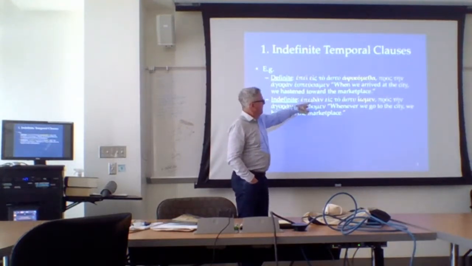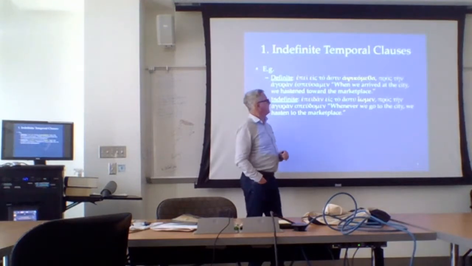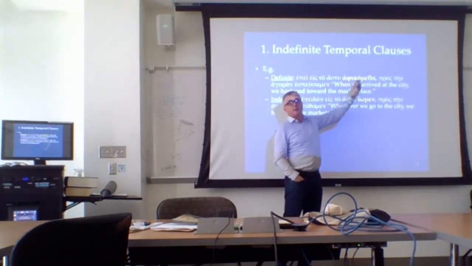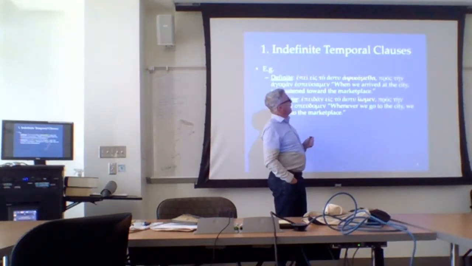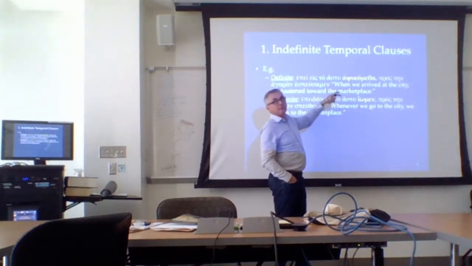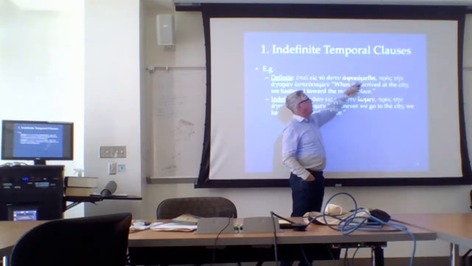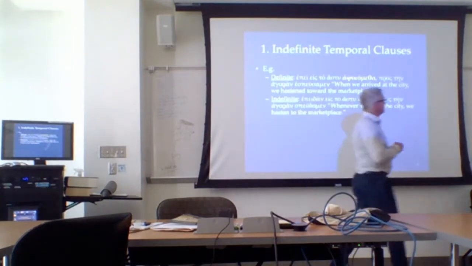So, you have epeidan plus a subjunctive. Now, I could put aphikometha, whenever we arrive, which would have been a better contrast, in which case it is whenever we arrive, aorist, with primary endings, it would be aphikometha, whenever we arrive.